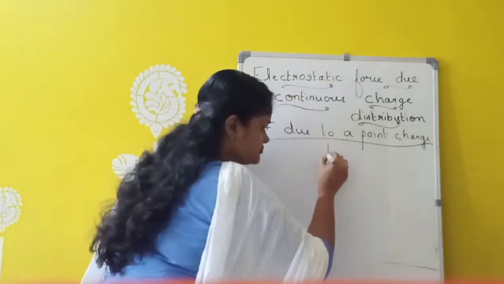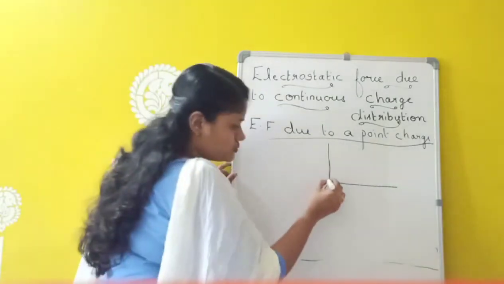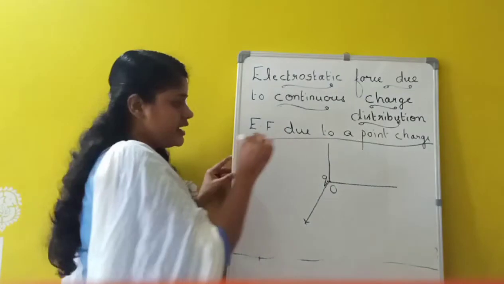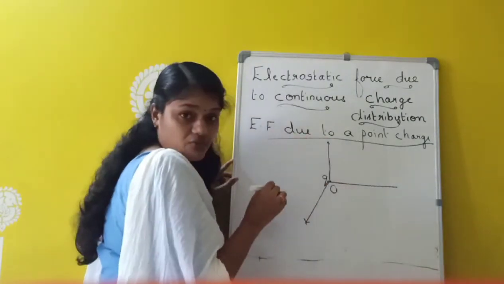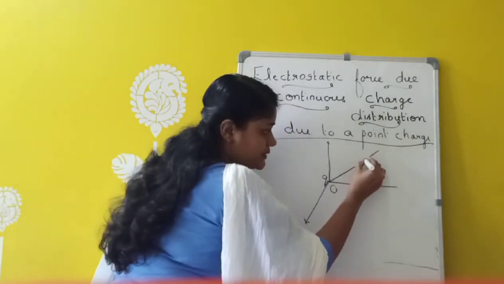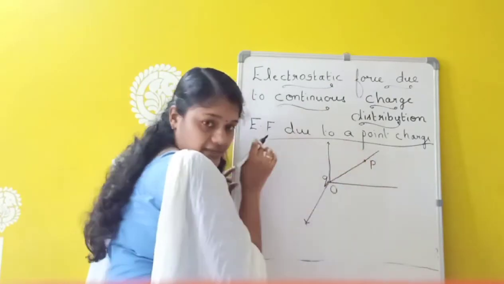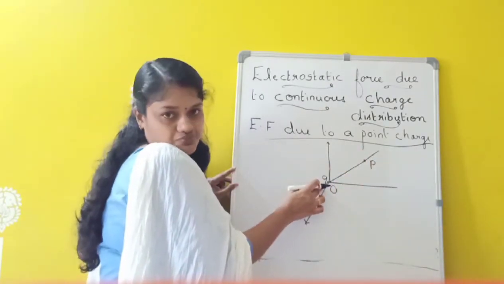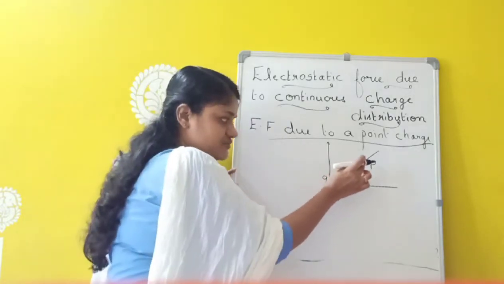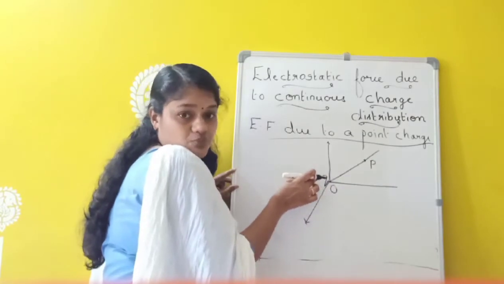Suppose I am taking a charge Q at the origin. We have to find the intensity of the electric field at a point P due to which one? Due to the charge Q. So we have a charge Q at the origin and we have to find the electric field intensity at the point P due to this point charge Q.